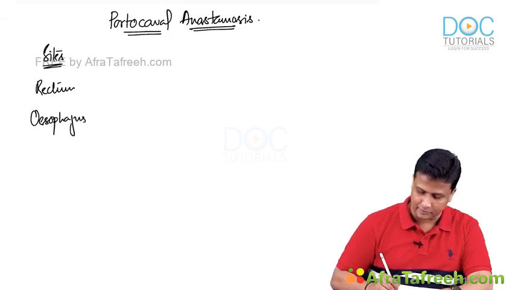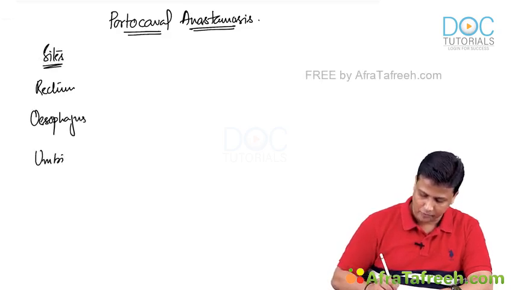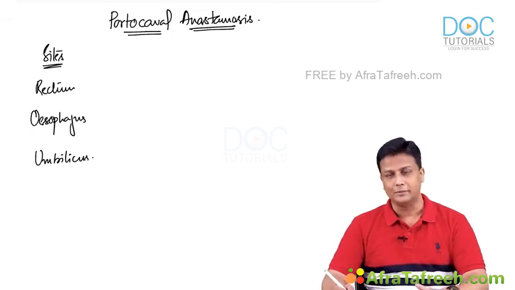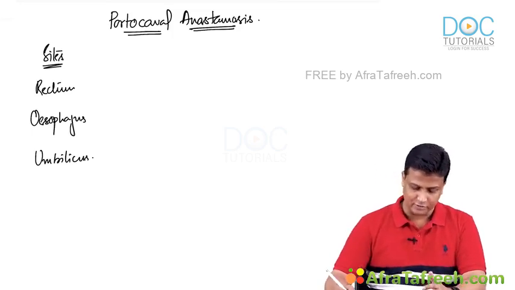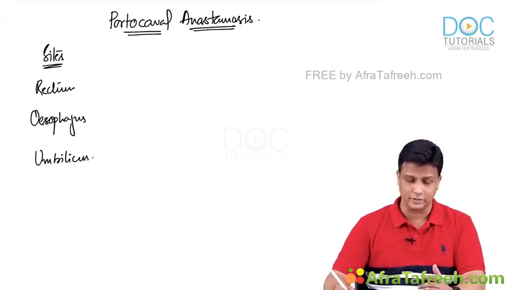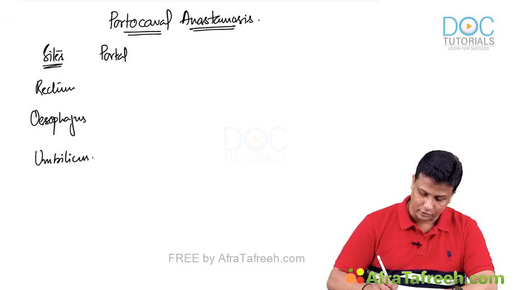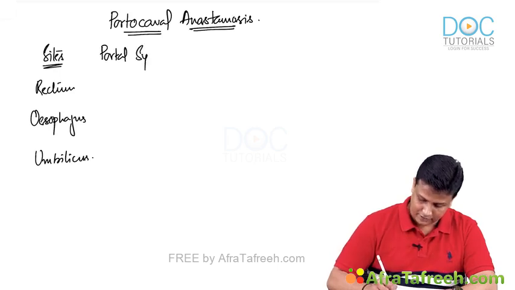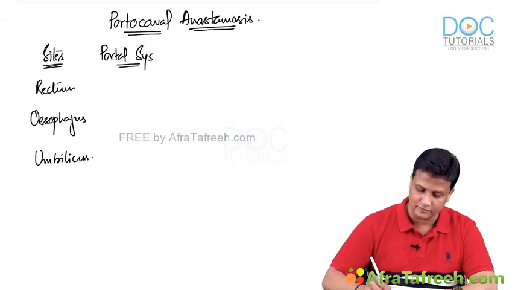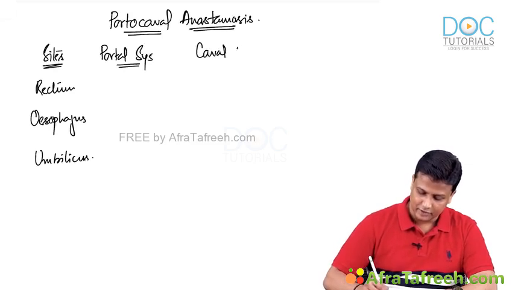And number three, remember the umbilicus. There are three sites of portocaval anastomosis, importantly, that you have to remember: rectum, esophagus, and umbilicus. Now, at these three sites, you have to find out what is the vein that belongs to the portal system. In another one, we have to learn about the vein which belongs to the caval system. I mean to say, which will drain into the inferior vena cava.